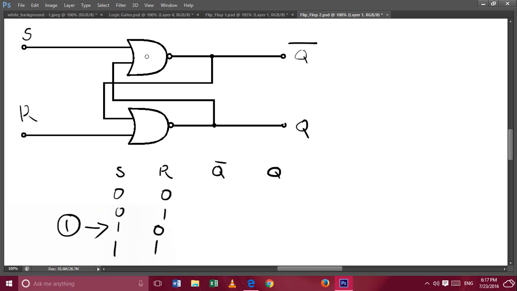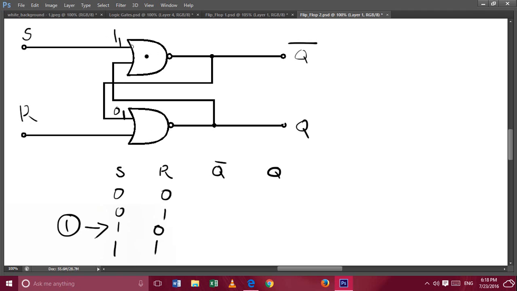Now, before we start, very quickly, you know that a NOR gate only outputs 1 when both inputs are 0, right? So if we have 1 here, since there's 1 here, it's going to come out to be 0 here, correct?